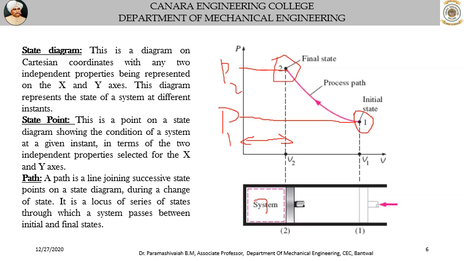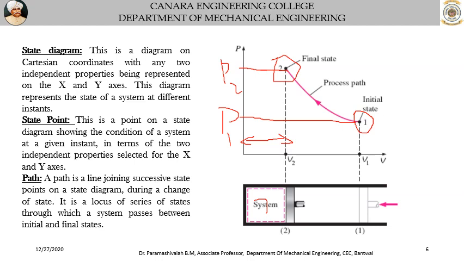Then path is a line joining successive state points on a state diagram. This is a state diagram, popularly called a PV diagram. A path is a line joining successive state points on the state diagram during the change of the state.